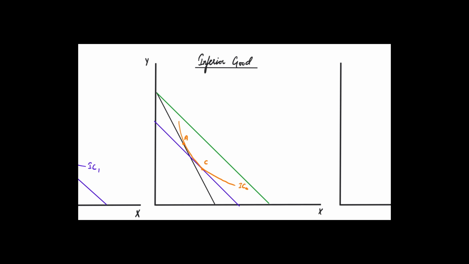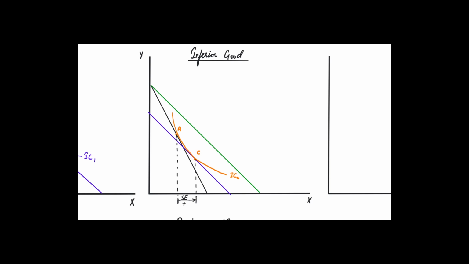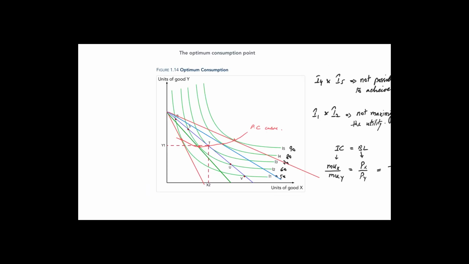Connect the two dots using a single indifference curve. We do the marking from A to C. That's our substitution effect. Okay. Now, as far as B, where does the B go?